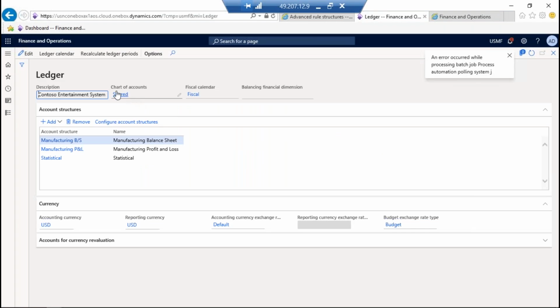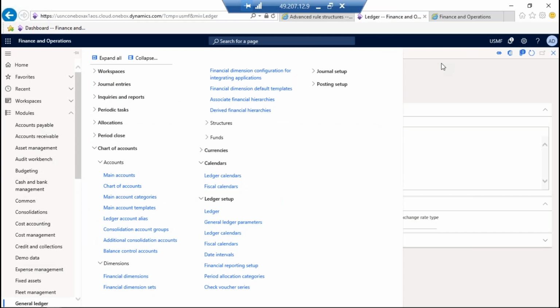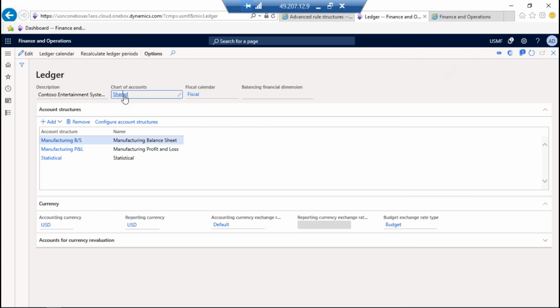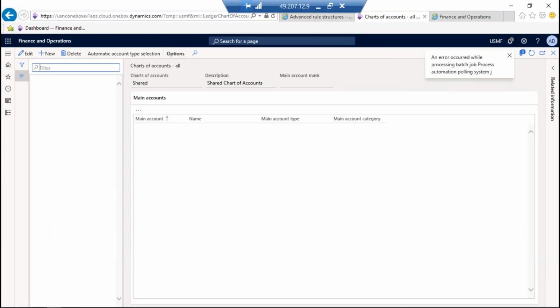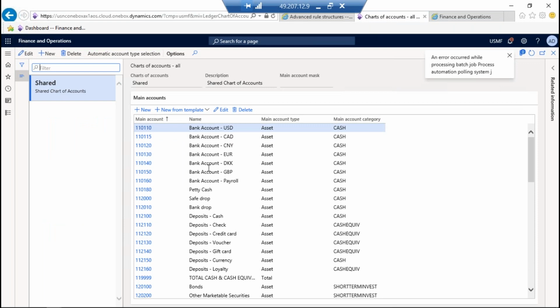The shared chart of accounts belongs to this company. We discussed this already. These are the accounts that will be used in this company.